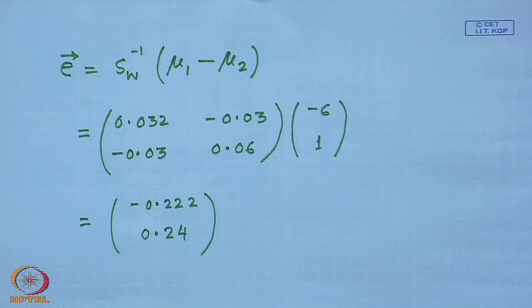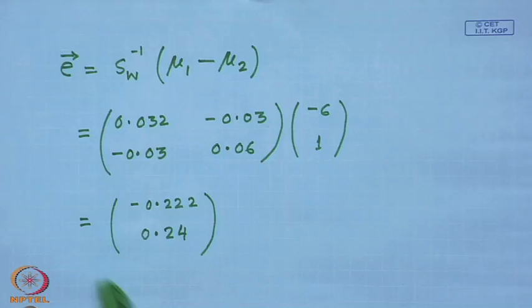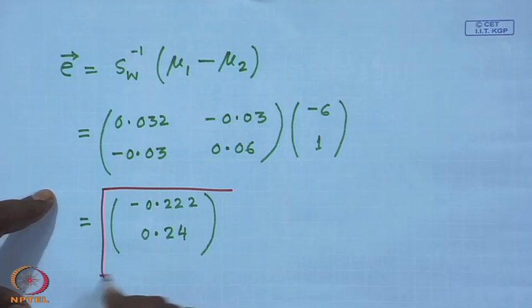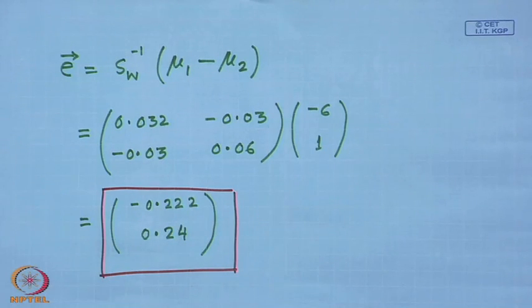So the projection direction, or the vector on which, if I take the projection, will maintain the separability between the classes, should be this one, which is minus 0.222 and 0.24.